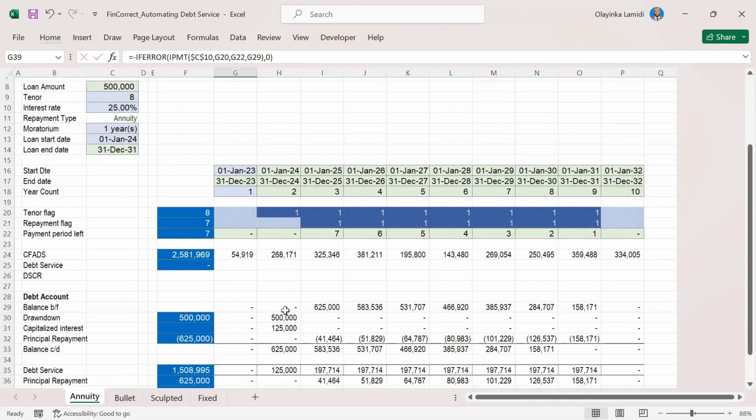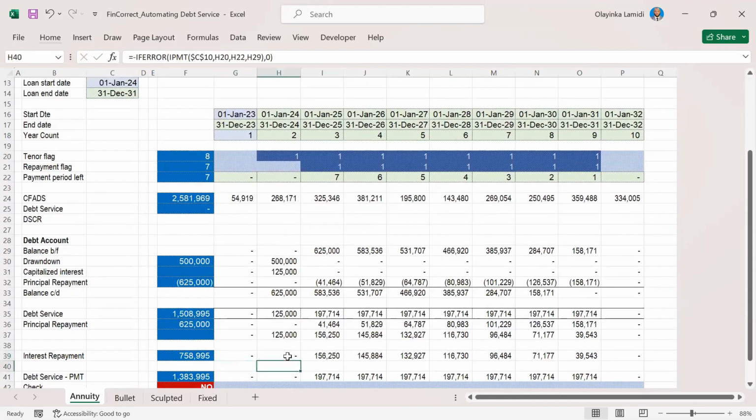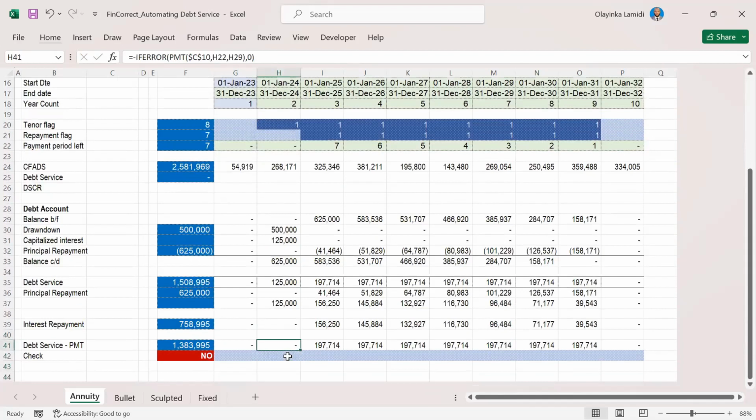And for this part, for me to be able to show that we are good with our interest calculation, I just have to come here to show this.